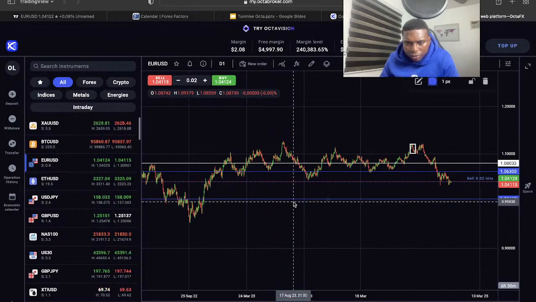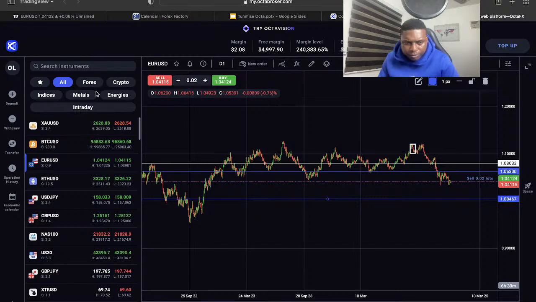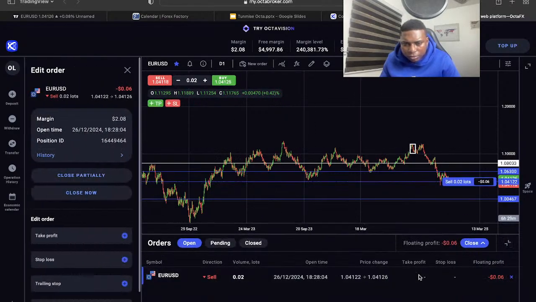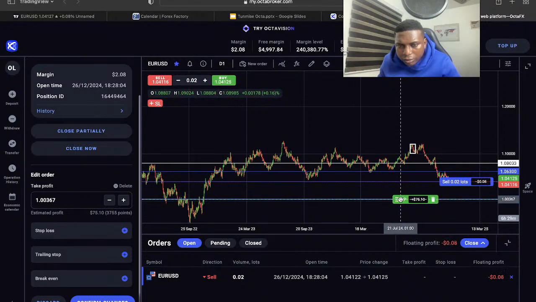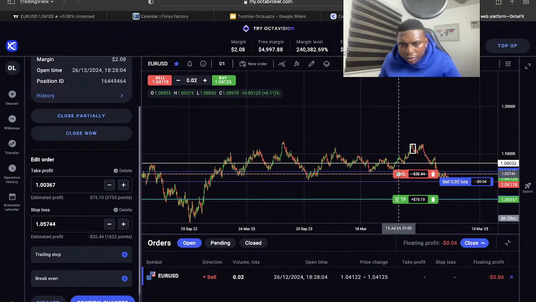So let's modify our position. So we can modify our position. So our take profit, we want it to be here. Alright. Then our stop loss order, we want it to be here. Okay.